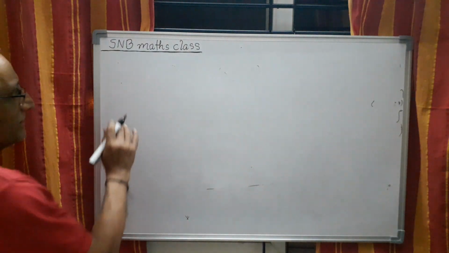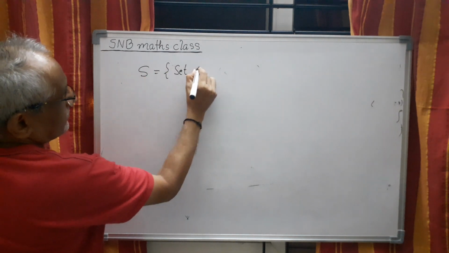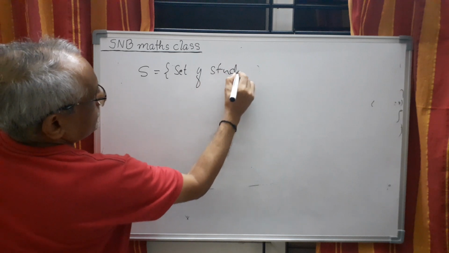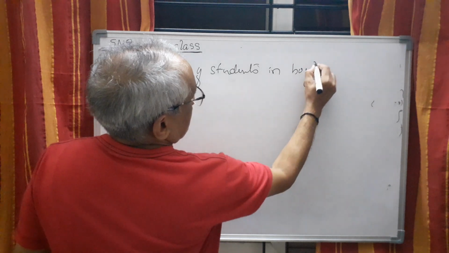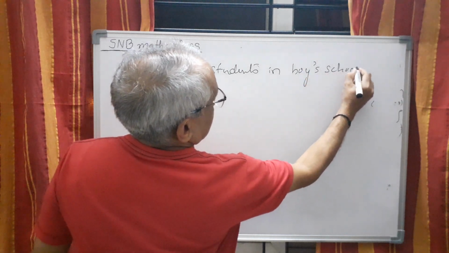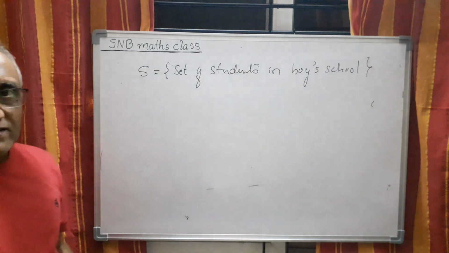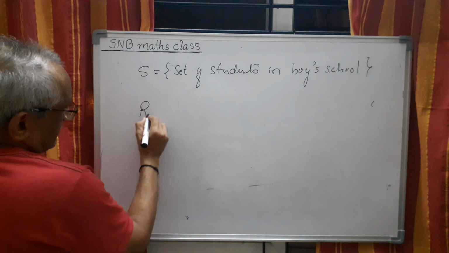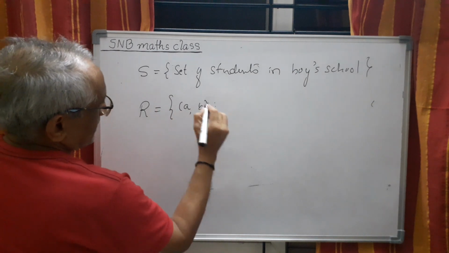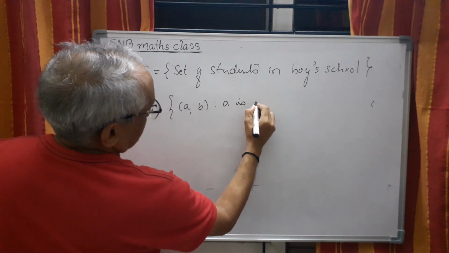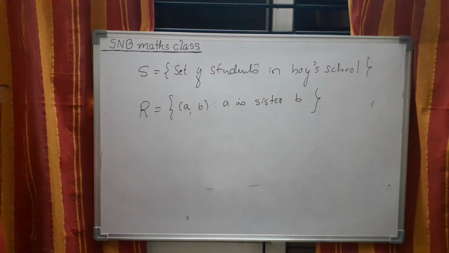Let me take for example, say S is the set of students in a boys school. That means in this school there are no girls, only boys are admitted. Suppose I define the relation R equal to the set of all elements (a, b) such that a is the sister of b.